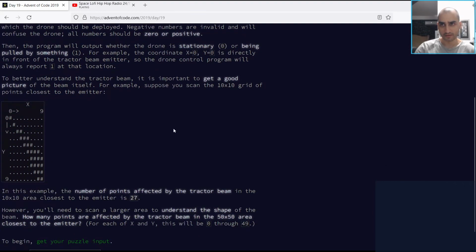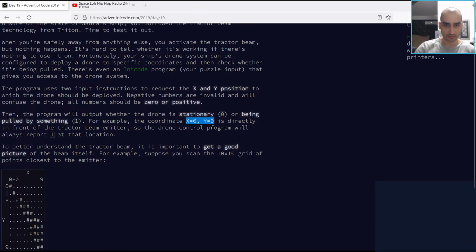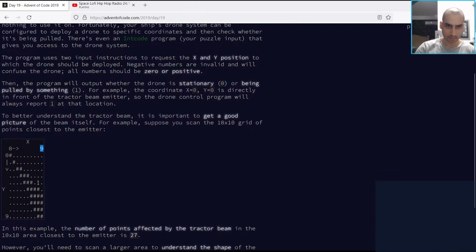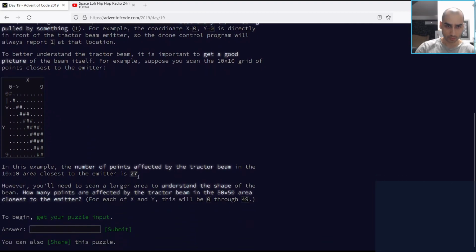Okay, yeah, so effectively, emitter is at 0, 0. So we're going 0, 0 up to 9, 9. Fine. So here we would go 0, 0 up to 49, 49 essentially.